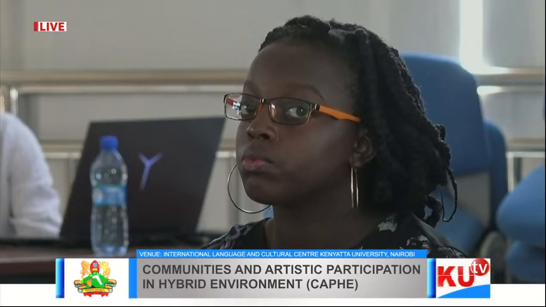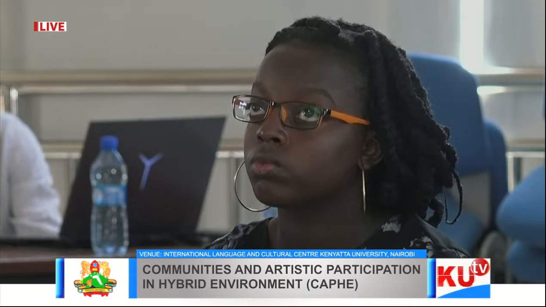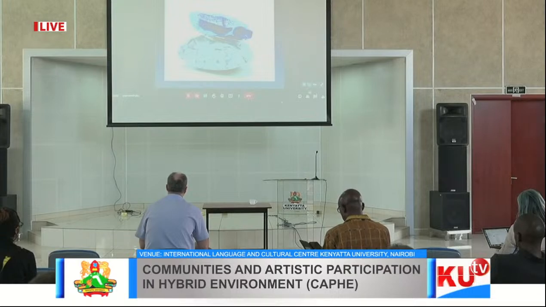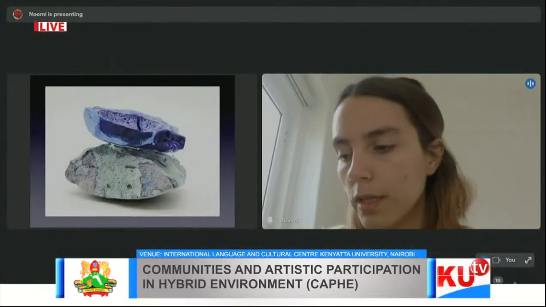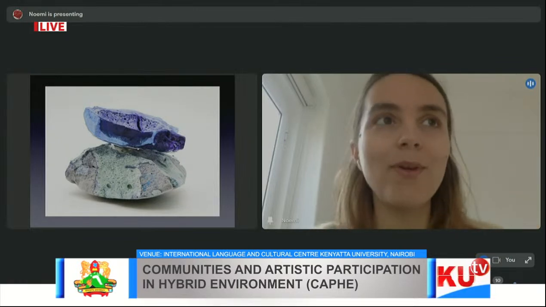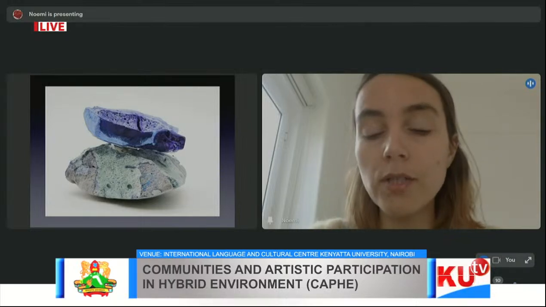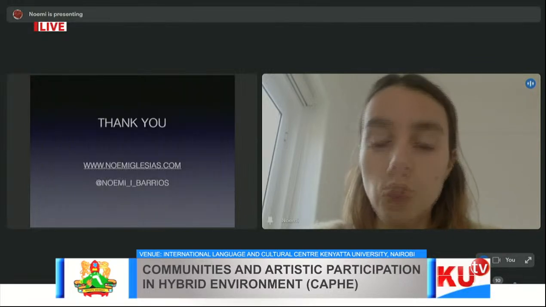So I found some companies that are already recycling not only cobalt but some other metals from electronic devices. These kinds of processes are called urban mining, and I'm trying to collaborate with them, so they will supply the recycled cobalt. And right now I'm really close to getting these samples of recycled cobalt to be able to develop these technoceramic objects.